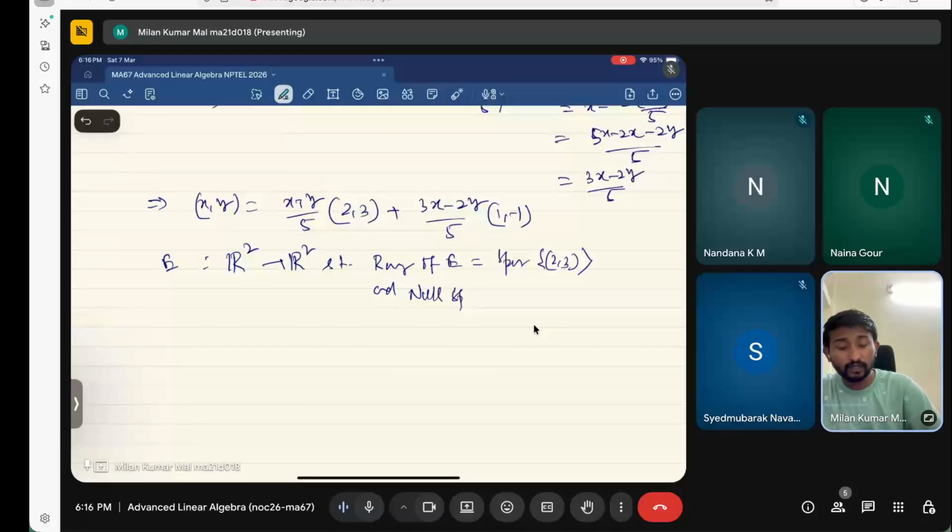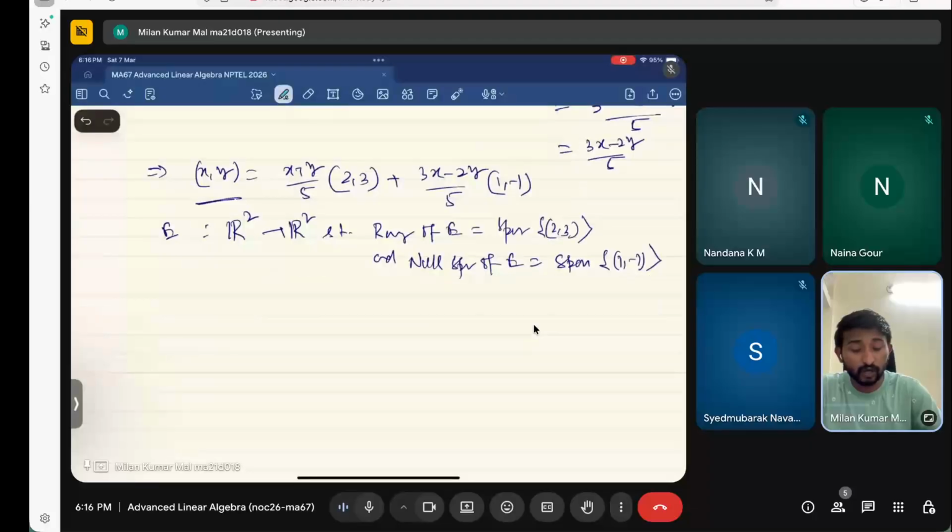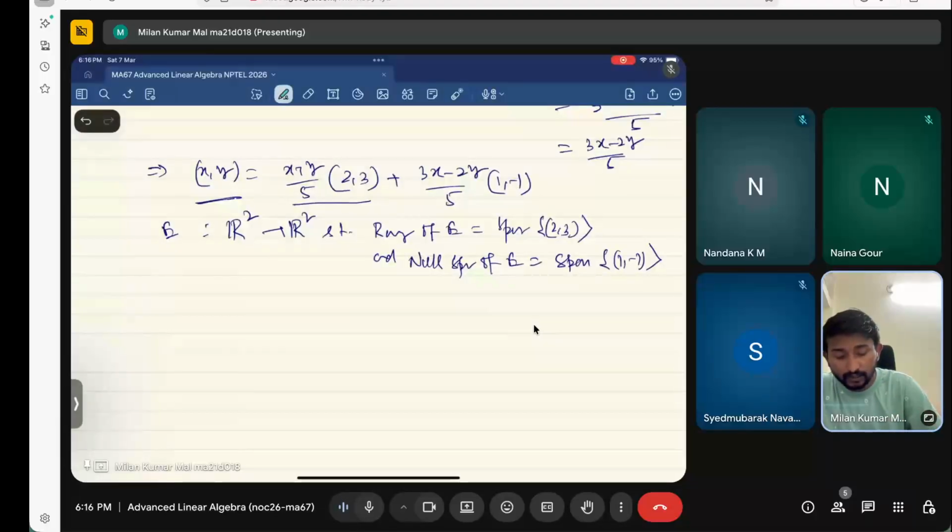So clearly, look carefully, it will map any arbitrary element (x, y), which has two parts: one is (x plus y) by 5 times (2, 3), the other is (3x minus 2y) by 5 times (1, -1). Clearly it will send (1, -1) to 0 and E has to be a linear operator. So that says that (x, y) should be mapped to this element only, because it will map the other element to 0. That means ((2x plus 2y) by 5, (3x plus 3y) by 5).